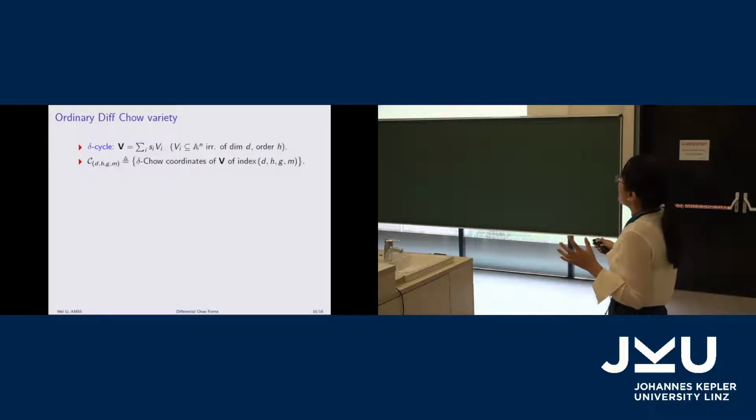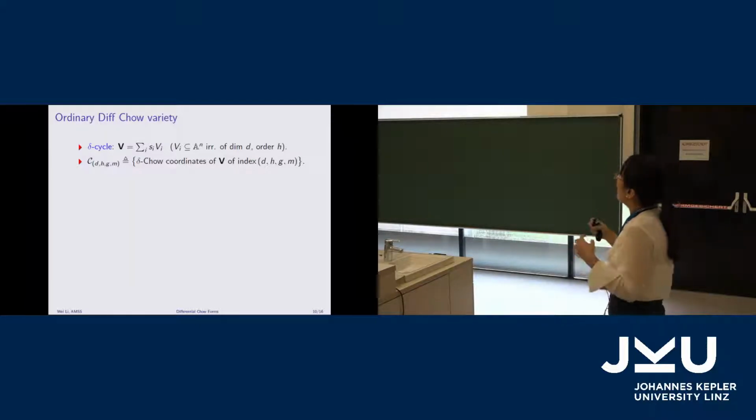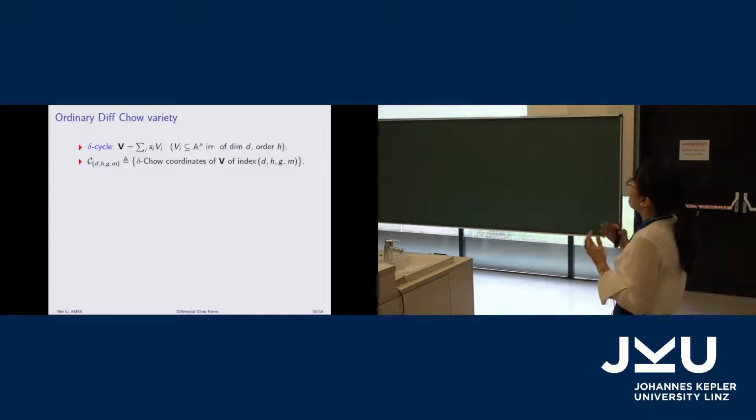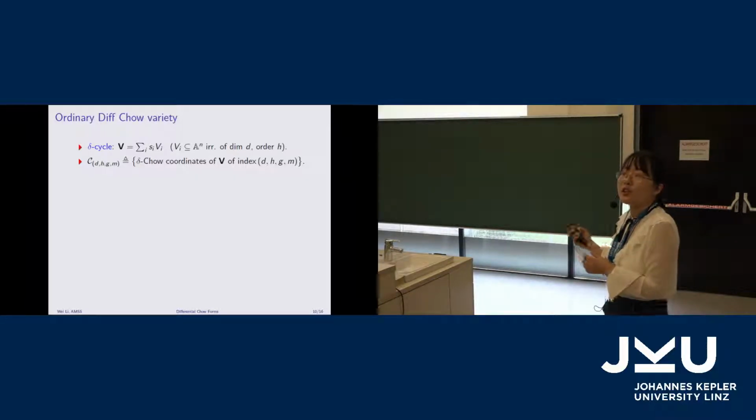So that the differential cycles and the Chow forms have a one-to-one correspondence, and also an isomorphism as groups. And we can also define differential Chow coordinates and the index for differential cycles through its differential Chow form.